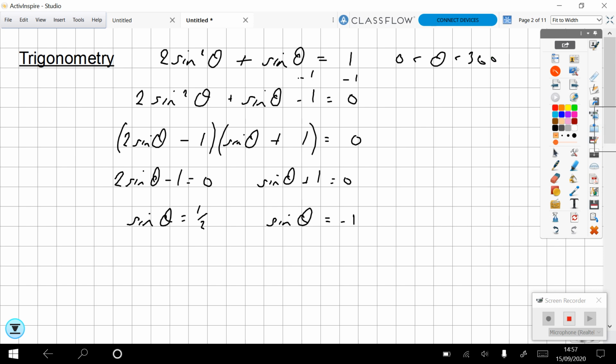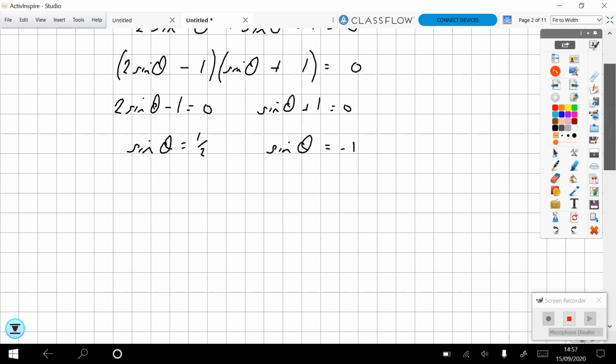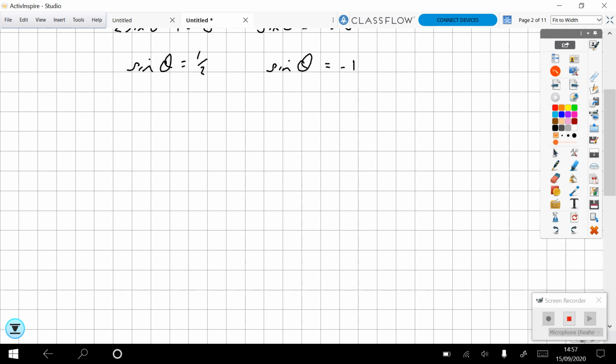So our one question has actually turned into 2 simpler and separate questions. Sine of theta equals a half. Theta equals inverse sine of a half. Theta equals 30 degrees.